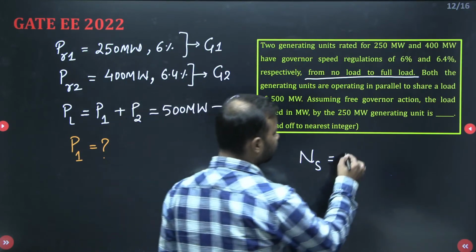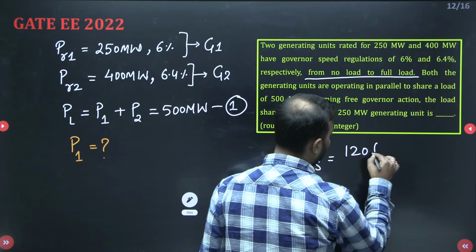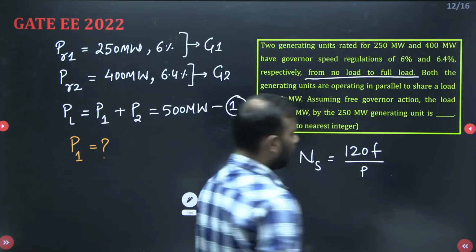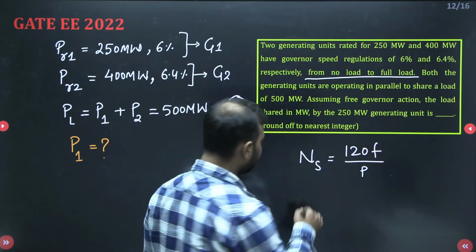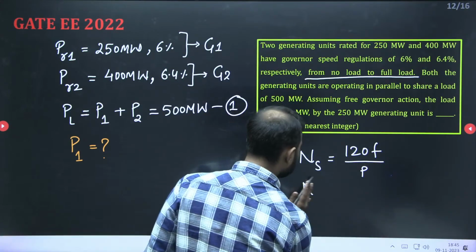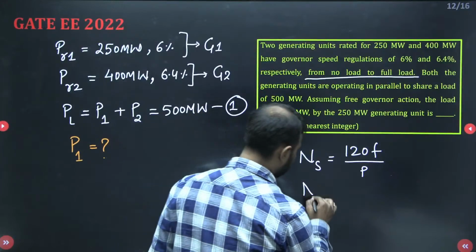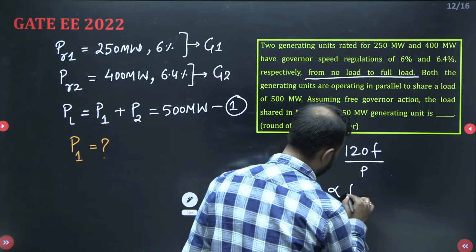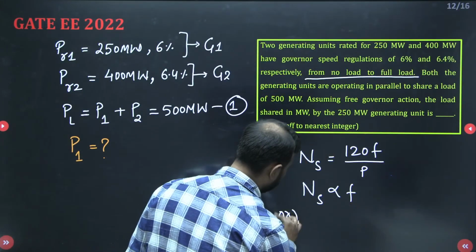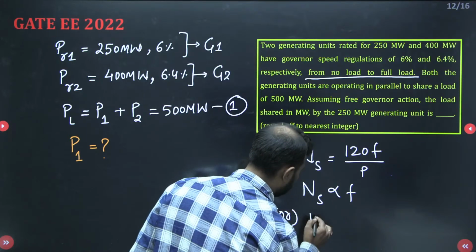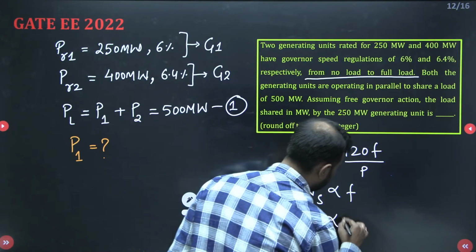Now this NS is 120 F by P, where F is the supply frequency. Can I say your synchronous speed is proportional to F, or F is proportional to NS?